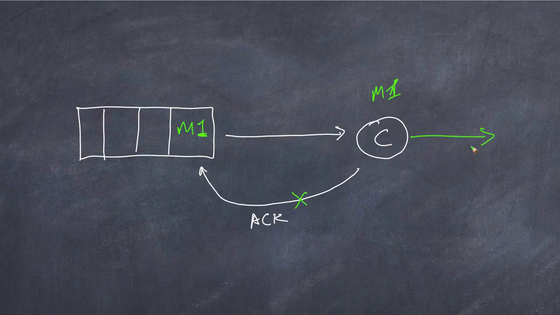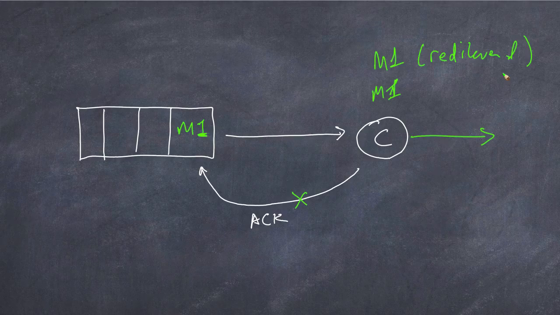So from the consumer perspective, it already processed the message, but the queue still did not get the ack, so it still remains in the queue. The next time the consumer receives a message, it may receive message 1 again. In this case, it will be tagged as redelivered. The consumer sees that this message has been redelivered.